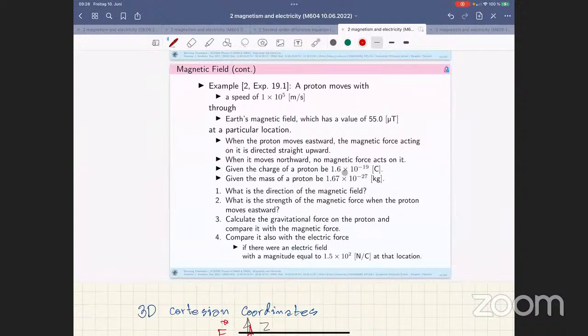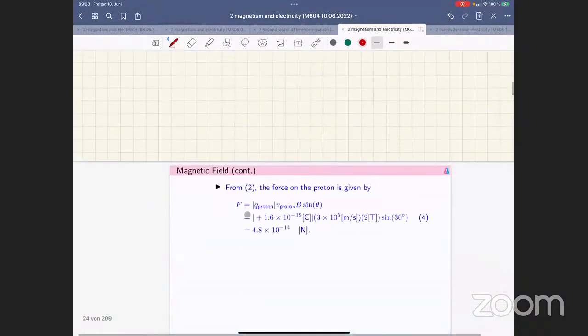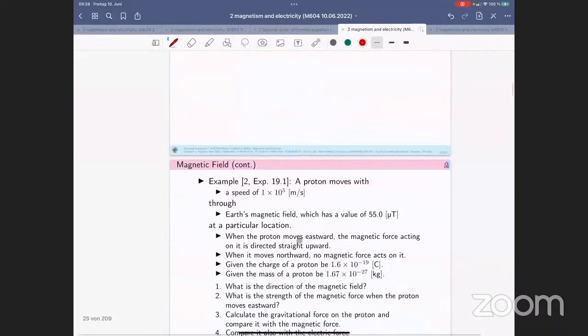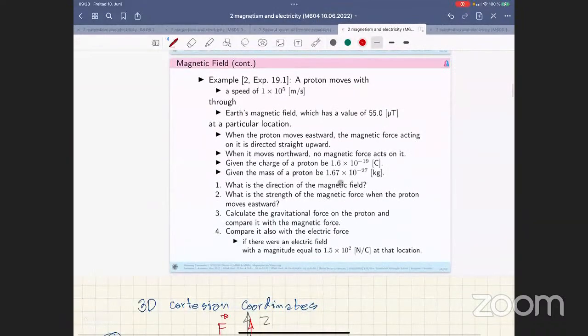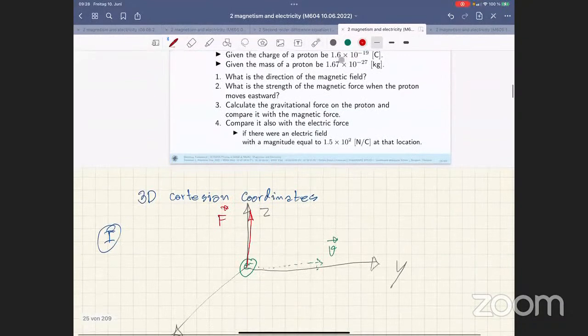Given the charge of the proton is 1.6 times 10 to the -19, the same value as in this problem, and the mass of the proton is around 1.67 times 10 to the negative 27 kilogram. It's very light.